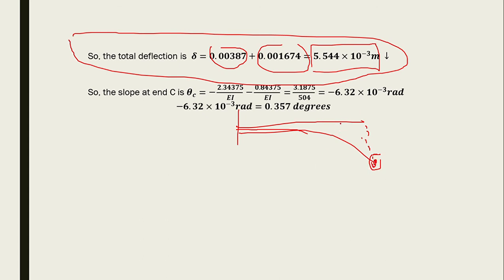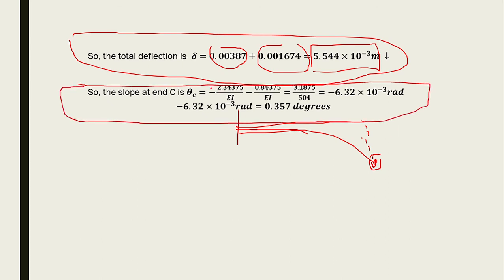If we want to find the deflection at x equal to this, we just change the equation based on the properties, and the slope at C is this. We just sum the slope that we got from the first load and the second load. We input the data EI, where E is 200 GPa and I is that value, then we got this.